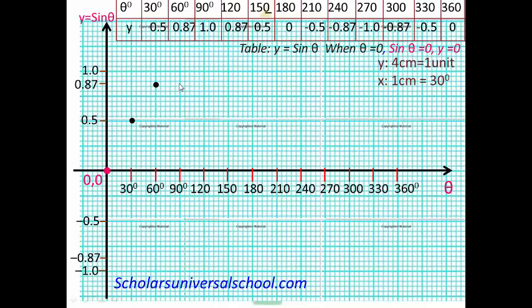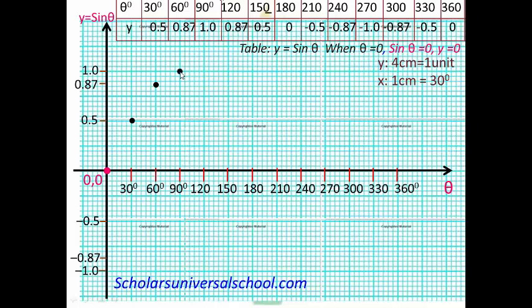Then the next one, when theta is 90°, y becomes 1. So this is 90°, trace it up. This is where it intersects the line from the y-axis. So from here to here, this is the point where theta equals 90° and y equals 1.